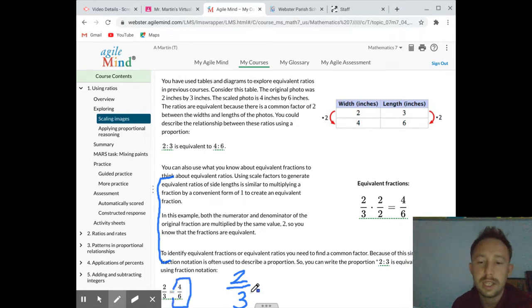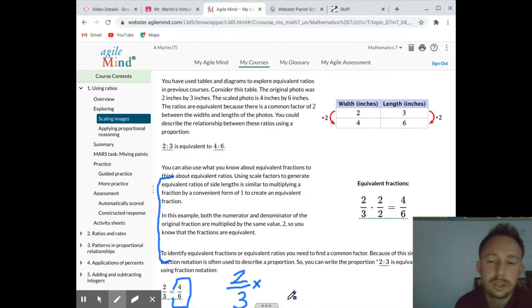So what can I do to 2 to 3 to create a new equivalent fraction? You would probably have to multiply it by something else, and then you'll have a bigger number.